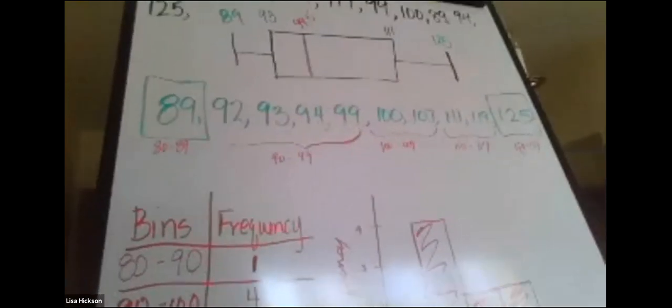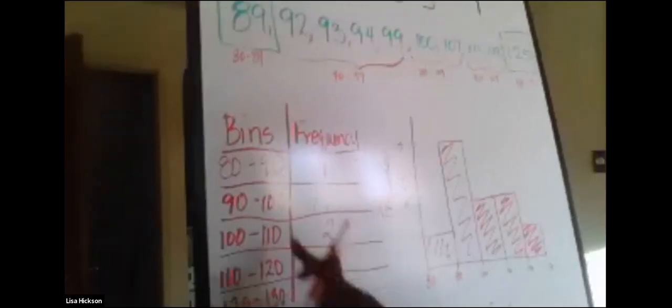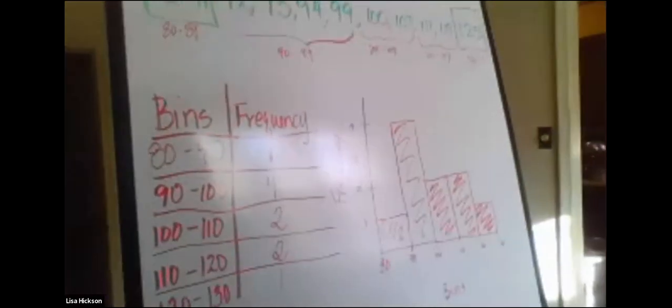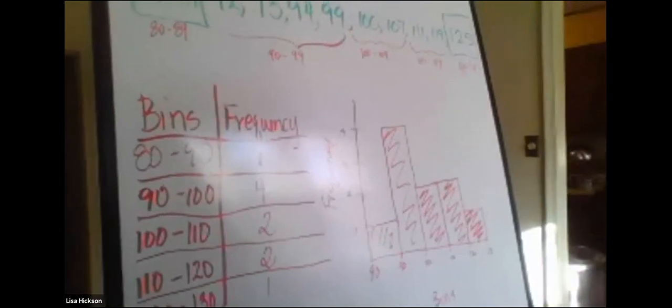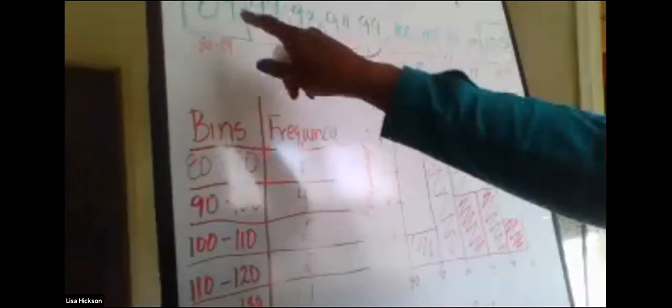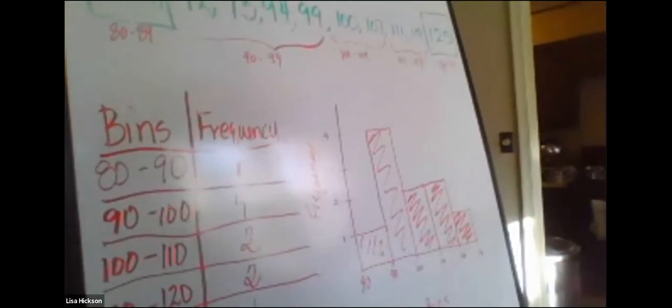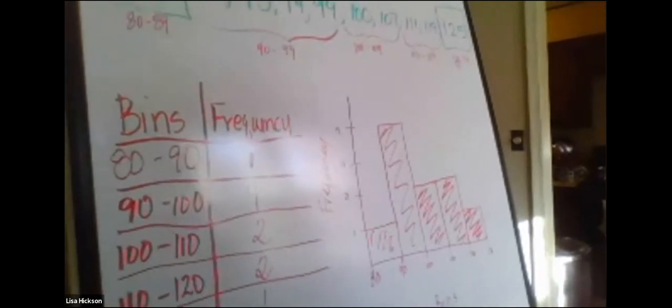If you don't see a table, you create it. And remember, you determine the width of the bins. I just made it 10 because it just made sense to me, because we were dealing with 80s, 90s, 100s, 110s, 120s.